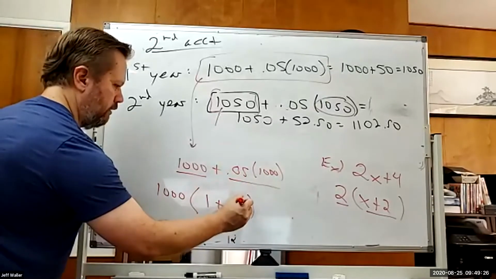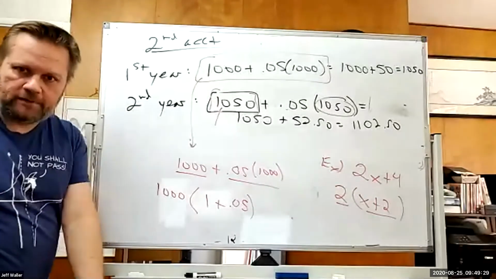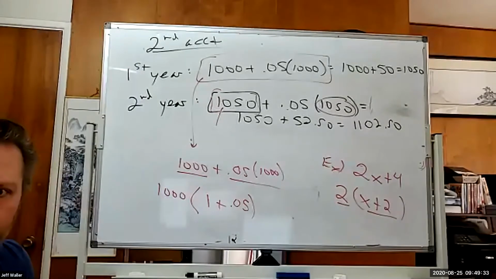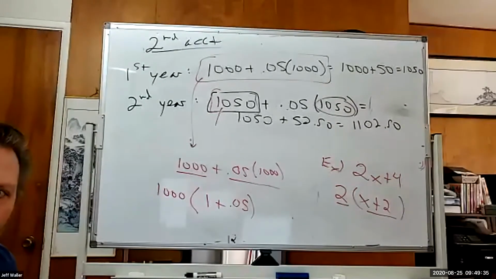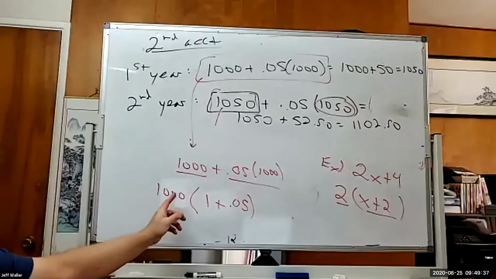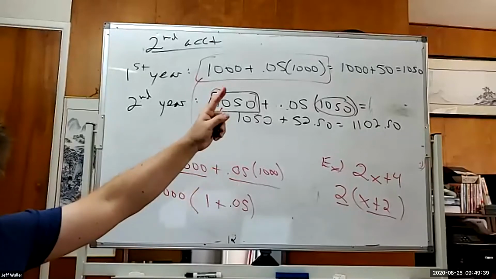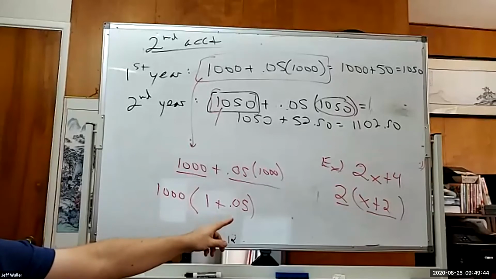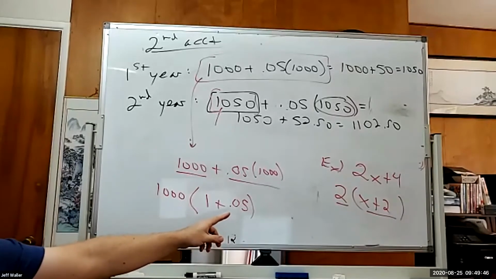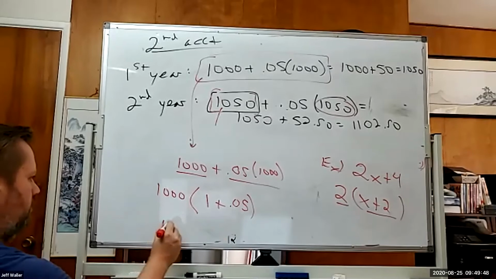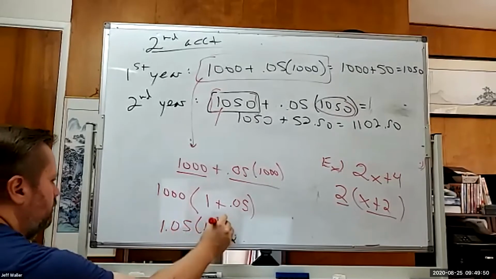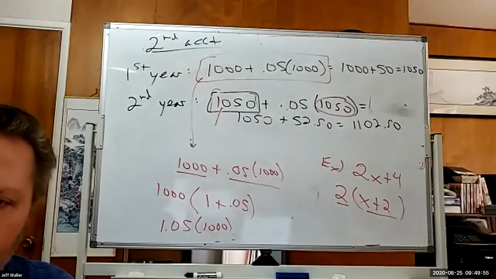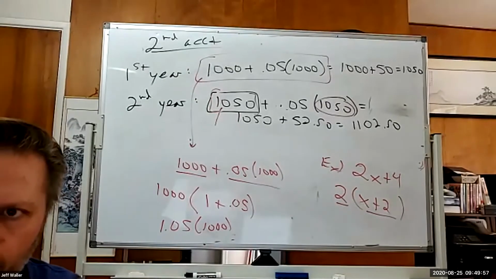All right, now, I know I have left some of you guys behind a little bit. Let me just let you absorb and consider a question. What did we get from doing this? We got 1,050. What is 1 plus 0.05? 1.05. And some of you guys, I considered a few different ways to teach this lesson today. And the other way would have been this.